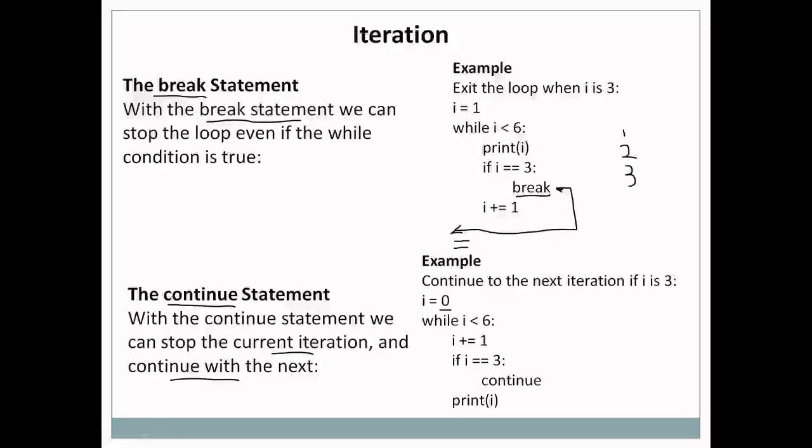As I have told you, continue statement simply continues with the next iteration of a while loop. It will not execute the statements after the continue statement. So all the statements after the continue are skipped, and it will simply restart from the next iteration. Okay, look at this code and just guess the output of this particular code.